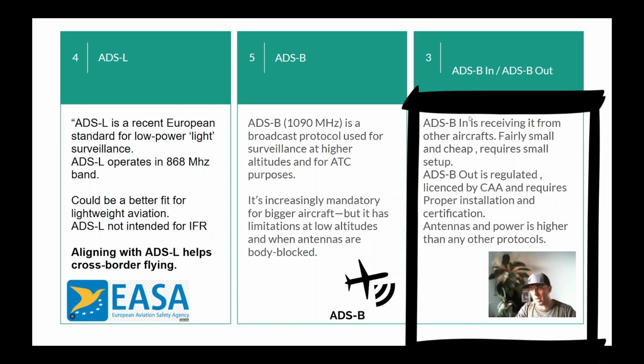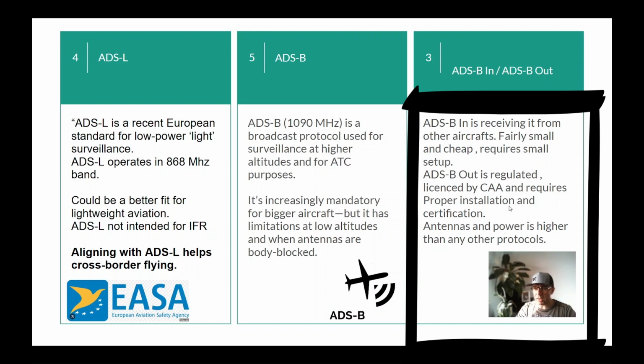I also added a third panel here describing ADS-B in and out. ADS-B in is basically receiving signals from other aircraft, and that feature is fairly available and cheap to install. It doesn't require any sophisticated antennas, it can operate from a small battery, and it will give us traffic awareness of any larger aircraft around. ADS-B out, on the other hand, is a different ball game.